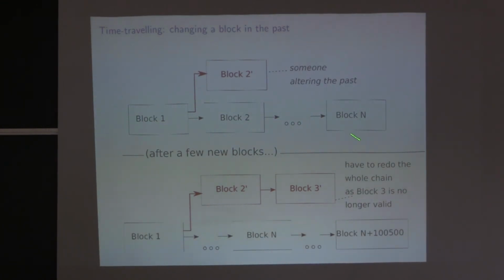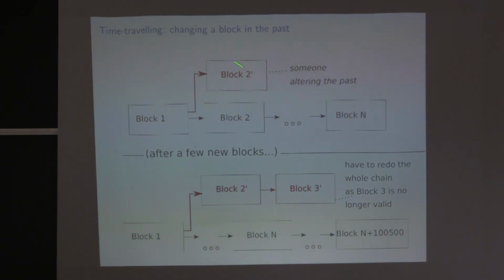And here Alice bought a house on block N. So now at this stage, Carol's money doesn't belong to Carol anymore, because somewhere, say in block 2, she transferred all her money to Alice. So she will not be able to transfer the money to Bob because the money doesn't belong to her anymore. What she needs to do is create a new version of block 2 where the money is transferred to Bob. This is like alternative history now.